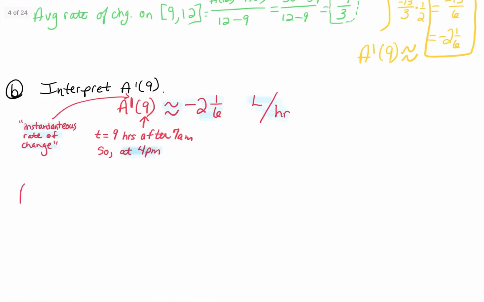I like to start with the point of interest of the problem. So I like to start with at 4 p.m. This is an approximation, but not for any other time. This is our approximation for what is happening at 4 p.m. So at 4 p.m., now this instantaneous rate of change, what are we talking about here?